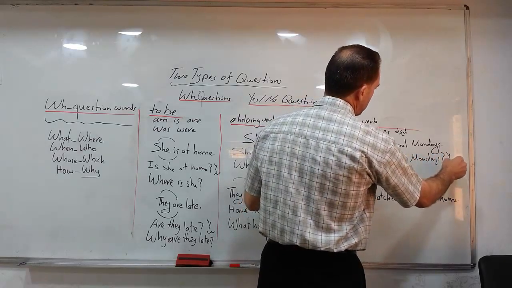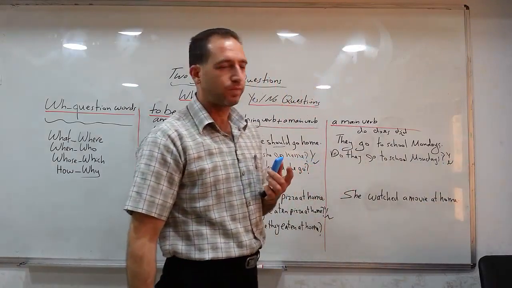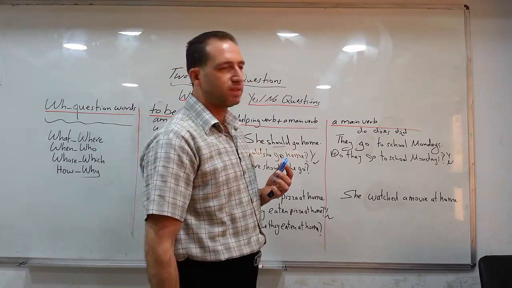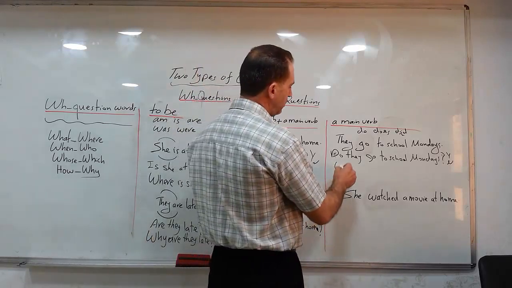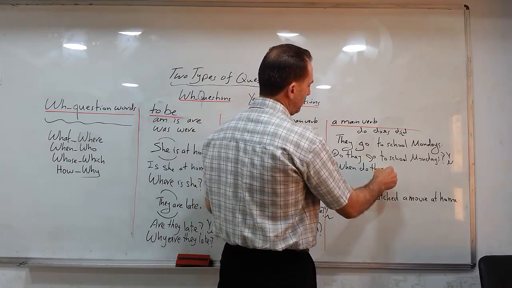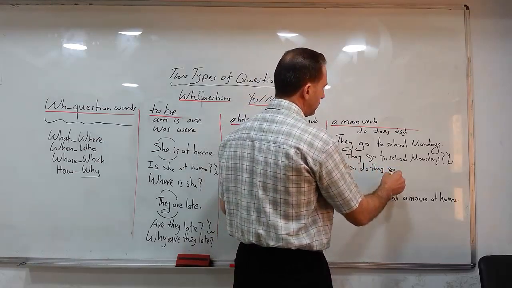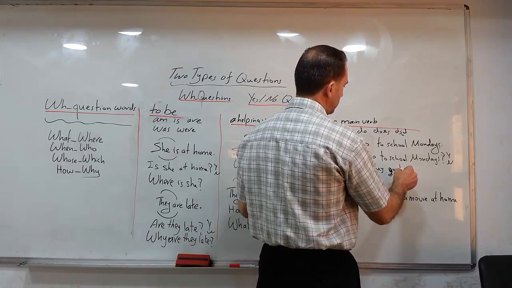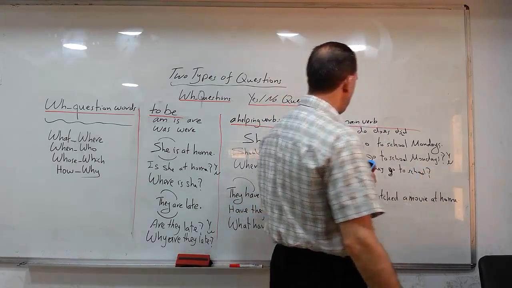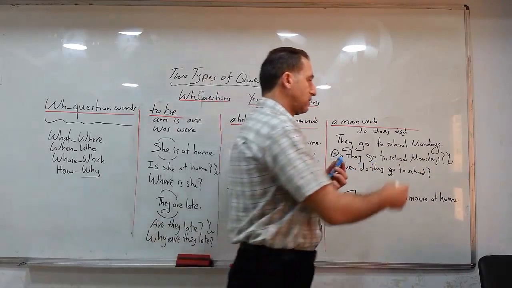And the answer is either yes or no. And I can make another question. It's about the time, Mondays. So when do they go to school? The answer is on Mondays.